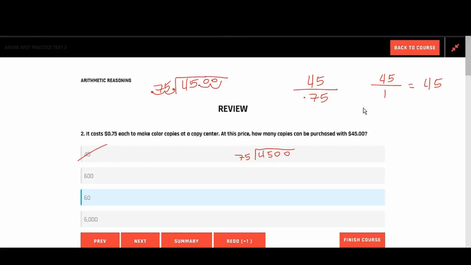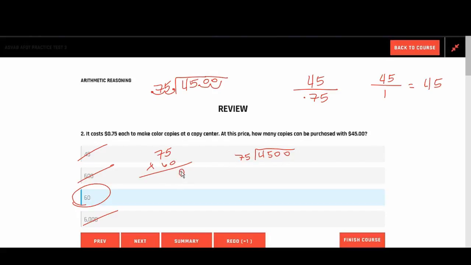If we're estimating by shifting this 25 cents up to $1 that you can make 45 copies here, 6,600 are unreasonable estimates. So just by using logic to eliminate answer choices, you would be able to select 60, and instead of finding what number goes into 4,500, I would just take 75, multiply it by 60 to confirm that is the case.